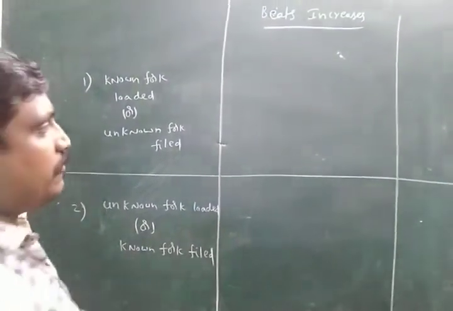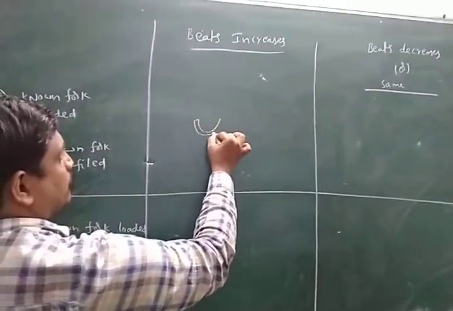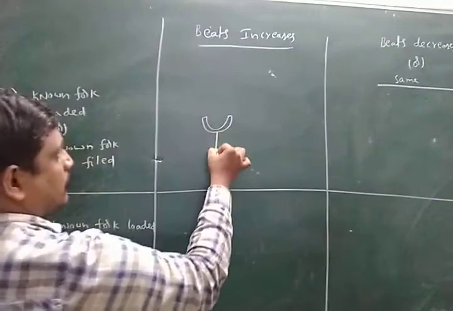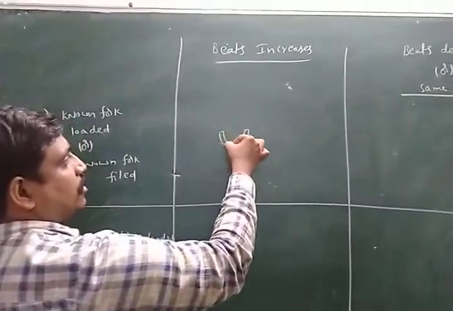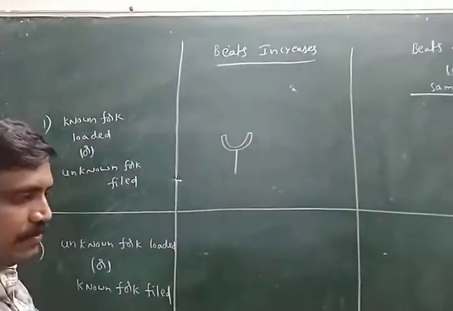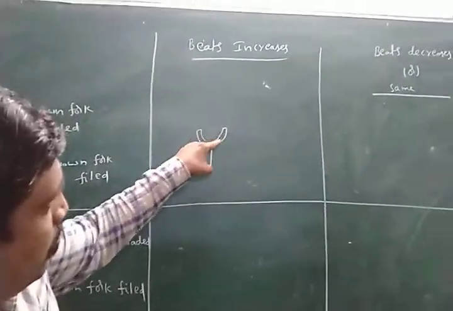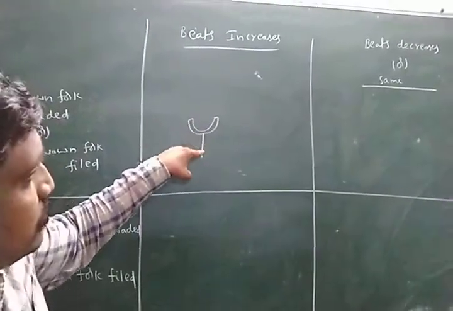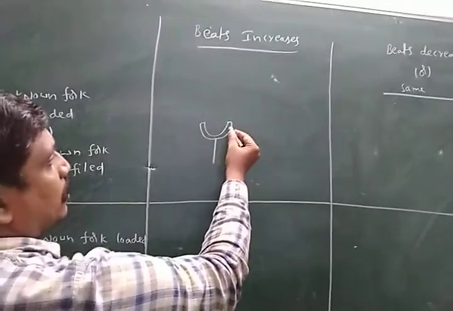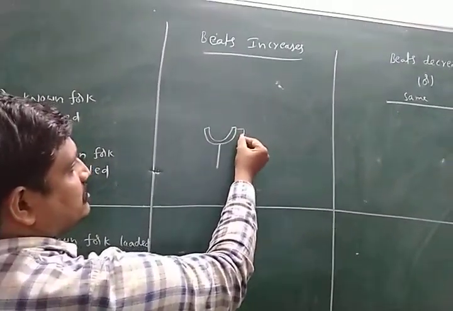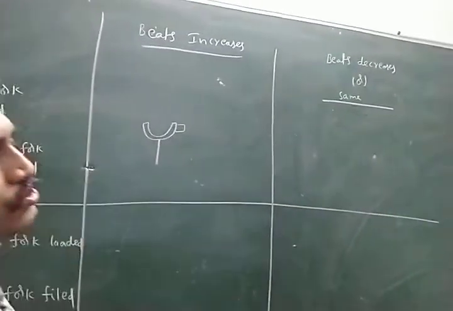I will explain first. This is the tuning fork. This is called the stem. This is called the prongs. Once again I repeat, this is the tuning fork, this is called the prongs, and this is called the stem. Here loading means some wax or some material is attached to the tuning fork.